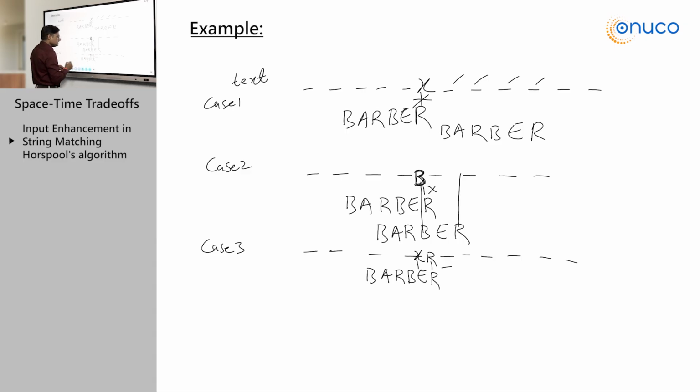Is X and E the same? No. If it is not the same, then there is no meaning in checking further because X is not present in this pattern. In that case you shift the complete pattern, because we would align only if X were present in the pattern. But in this case X is not there anywhere in the pattern. So the shift value is going to be 6 characters.